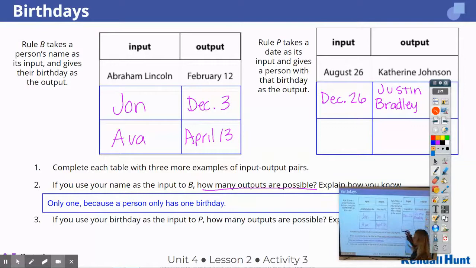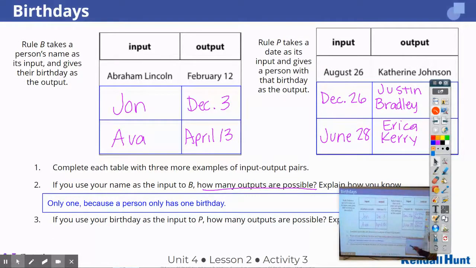Or if I pick June 28th, I might get Erica and Carrie, which that's my birthday, and Carrie was a friend I went to high school with. We had the same birthday. So if I put in a specific date, I might get more than one possible answer.